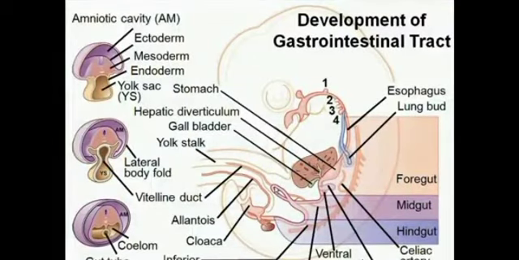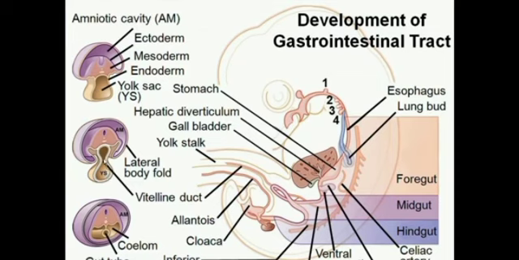This diagram shows you a structure that can result in another defect, and that relates to this little duct right here. It's called the vitelline duct, and it is the original continuity between the part of the gut tube that ended up internalized in the embryo and the part of the endoderm-lined yolk sac that's left outside of the embryo.